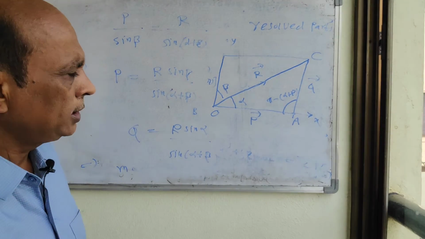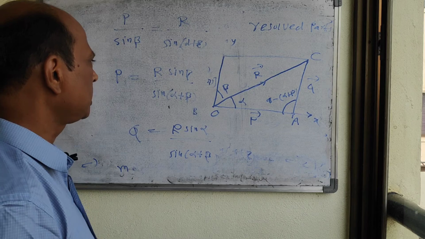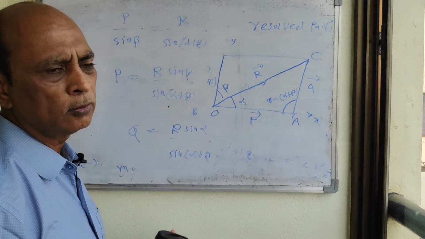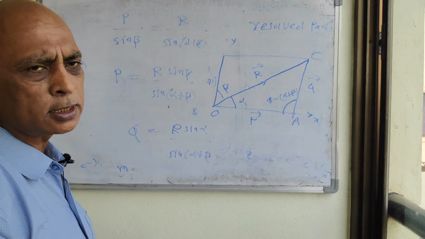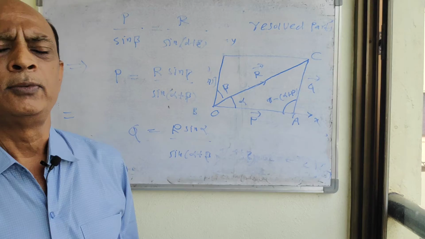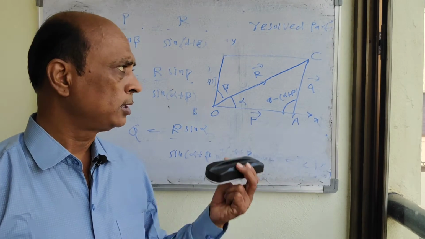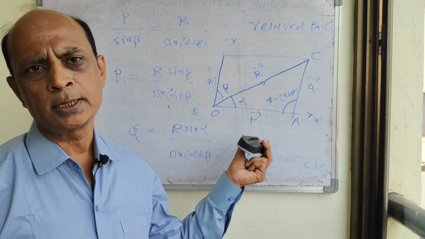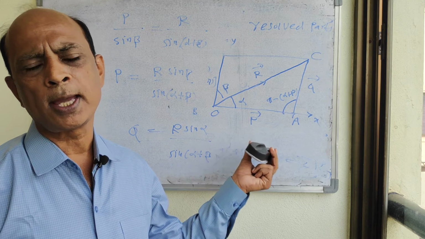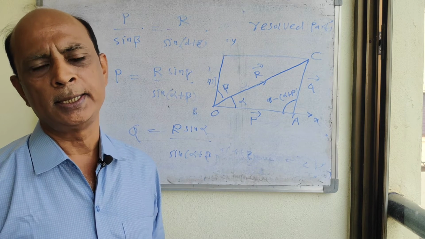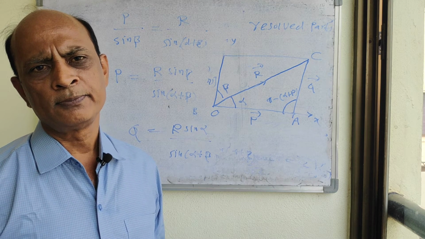Now finally, in the last session of this lecture, we will consider one particular case. Particular case means we have considered a parallelogram. Now, if we consider the x-axis and y-axis, Ox and Oy, perpendicular to each other, that is the angle between them is 90 degrees, then what will happen?